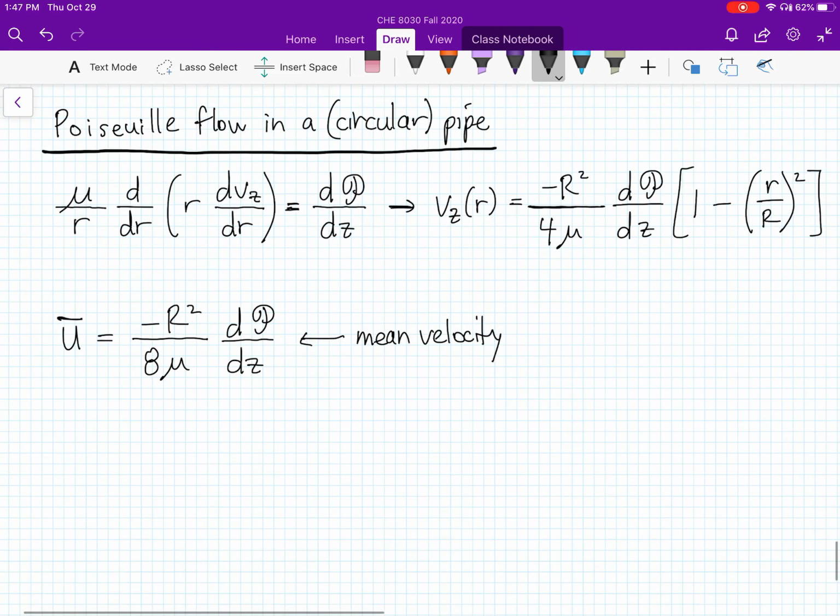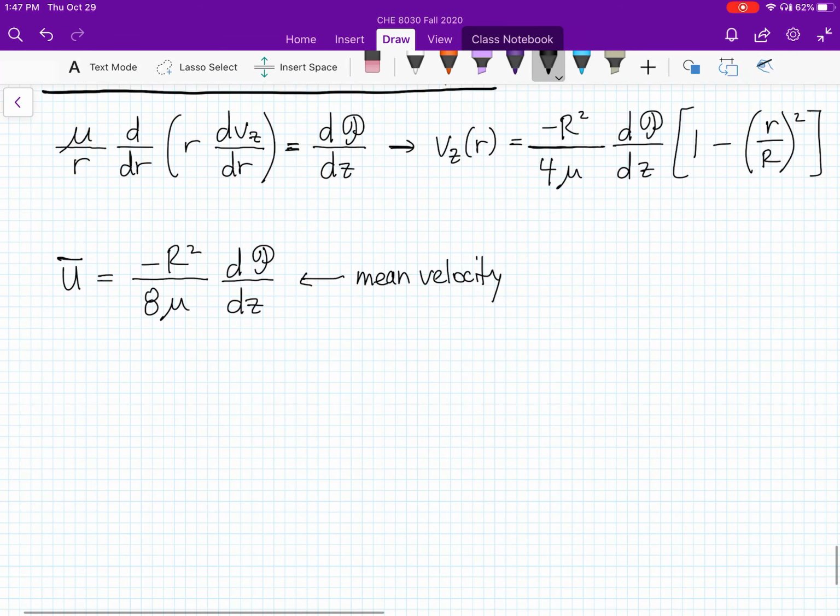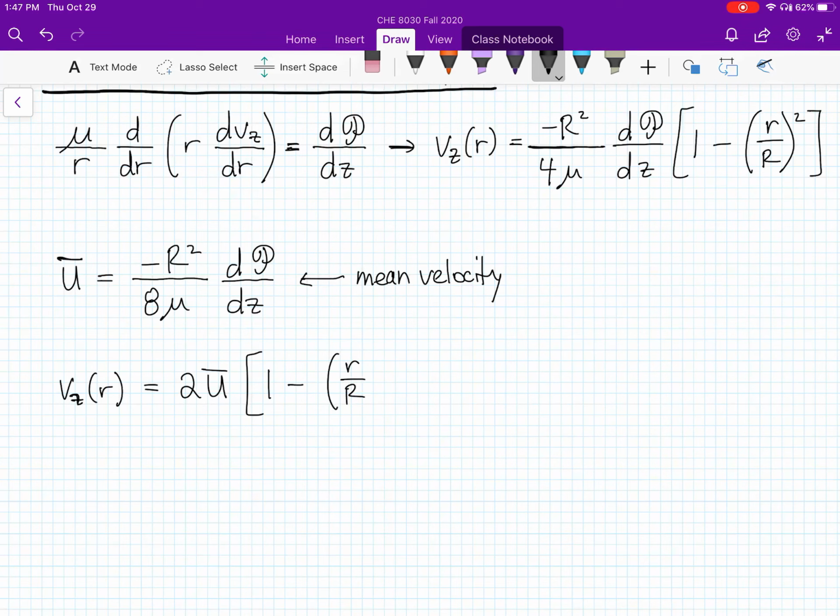Now using that mean velocity, I can plug that back into my velocity profile to get the following equation.